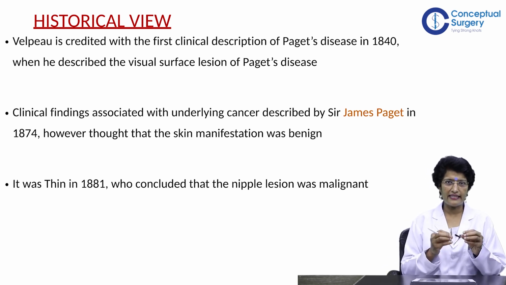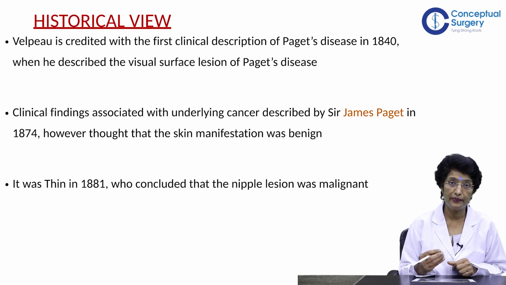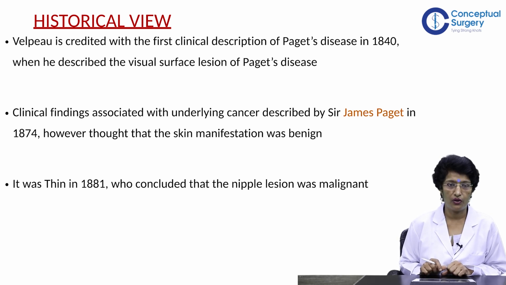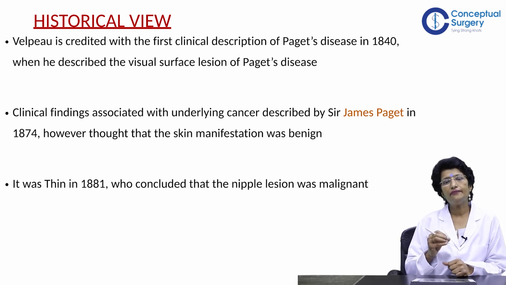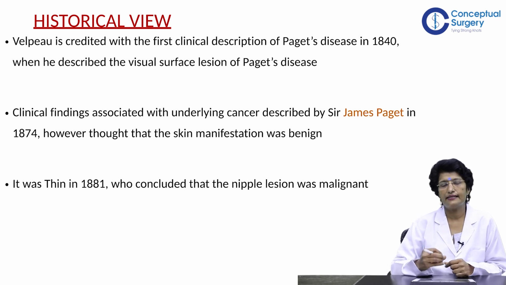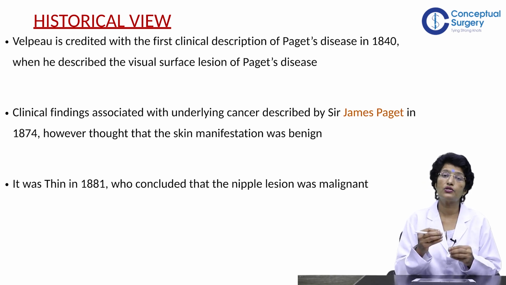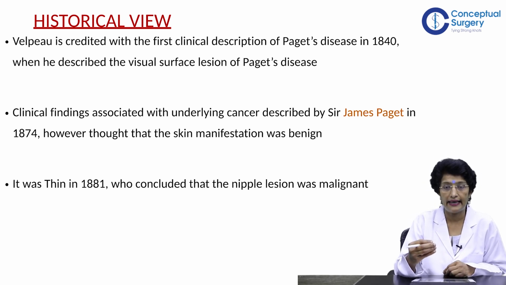So Paget's, we know, essentially presents with involvement of the nipple and maybe the areola also. Now the clinical findings associated with the underlying cancer were described: that Paget's is not just nipple and areola, but it also has an underlying cancer.